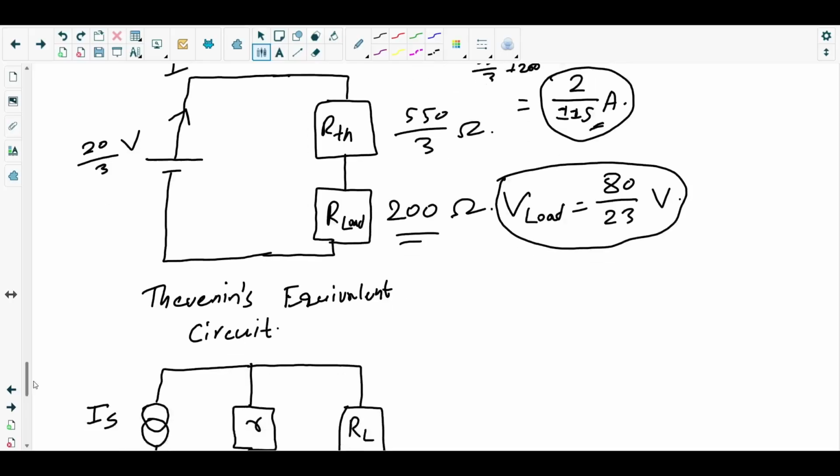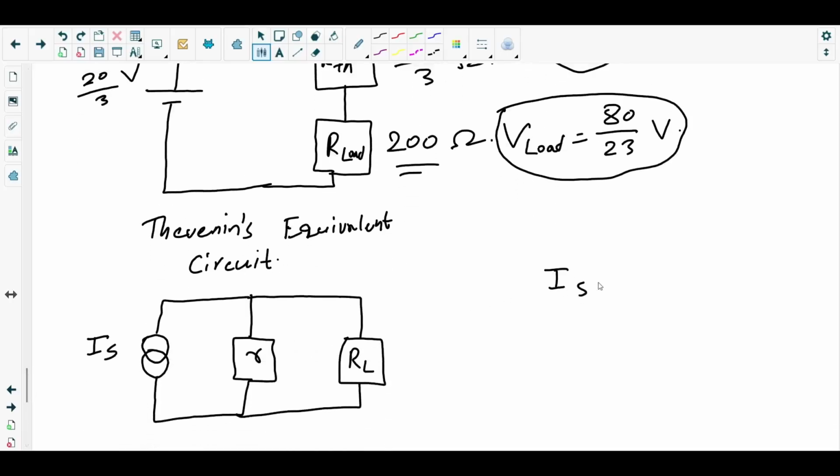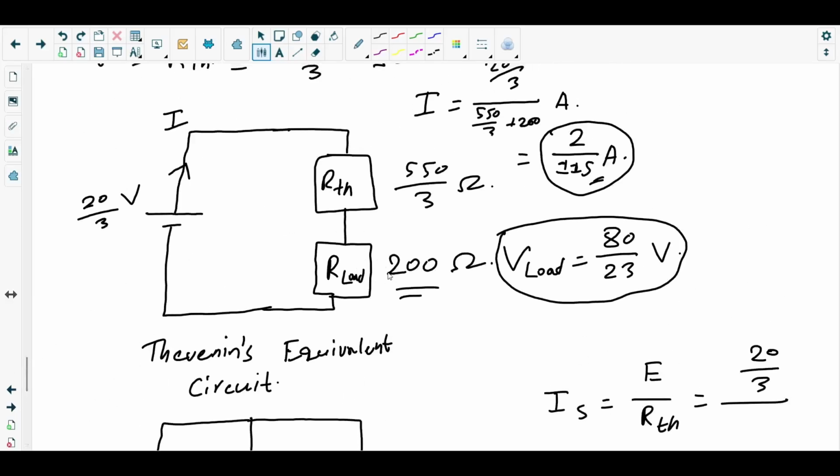Now we have to find IS. IS equals the Thevenin's voltage E over the Thevenin's resistance. E is 20 over 3, isn't it? If you short circuit the load resistor, then only the RTH is there.